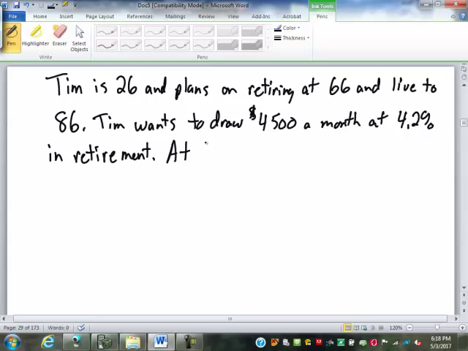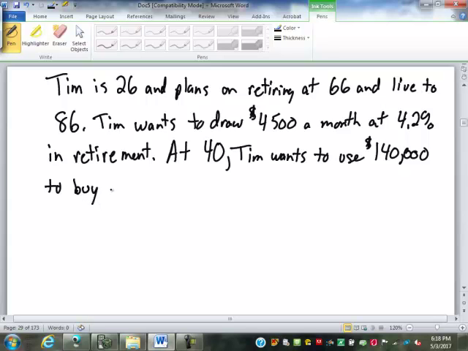At 40, Tim wants to use $140,000 to buy a house out of this fund.